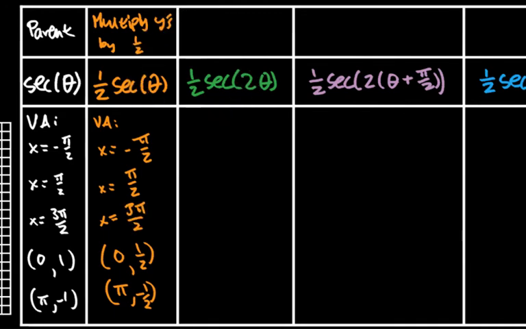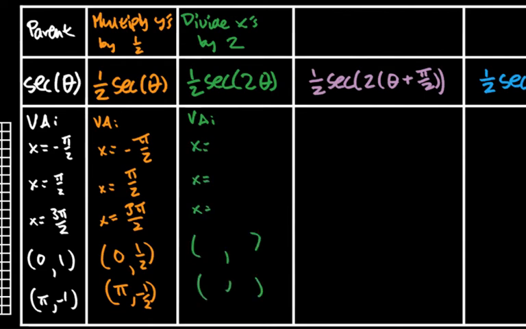All right, and then this. We're going to, as I said, divide x's by 2. So that's going to change. But what doesn't change is the 1/2 and the -1/2. They just stay like that. So 0 and pi are going to change. Divide them by 2. 0 over 2 is 0.